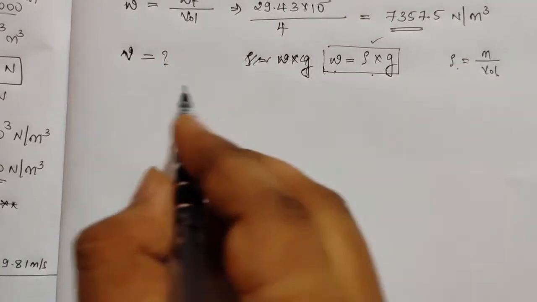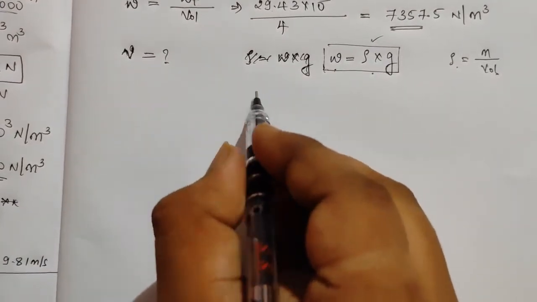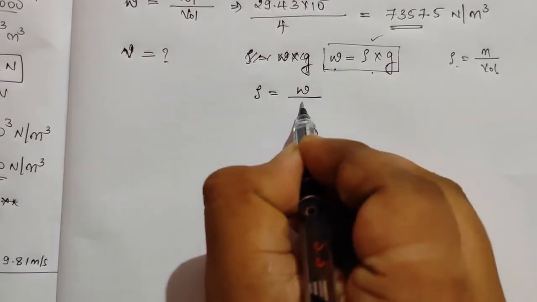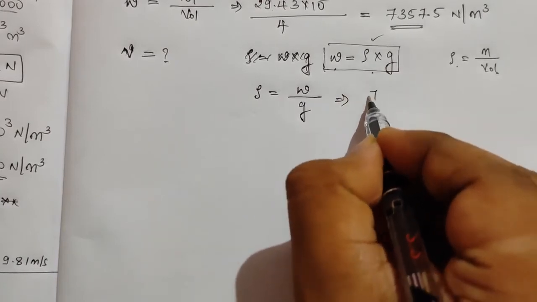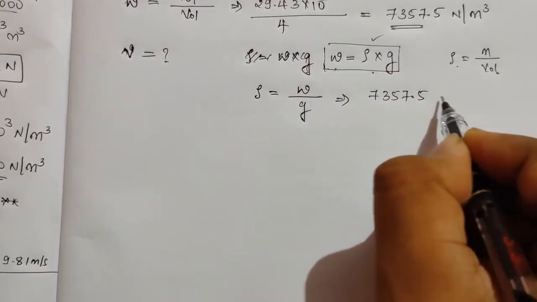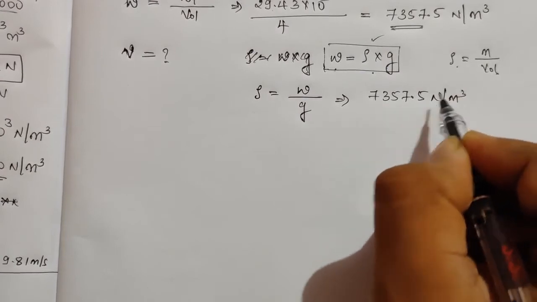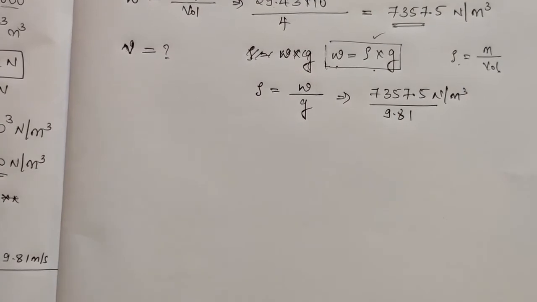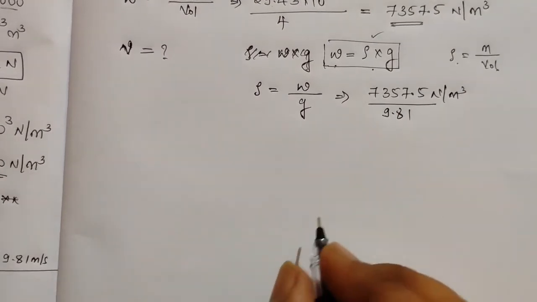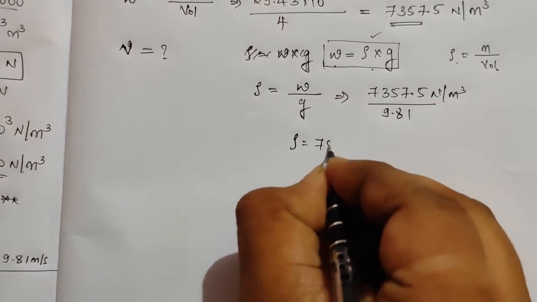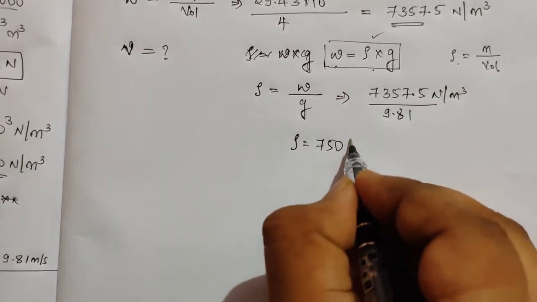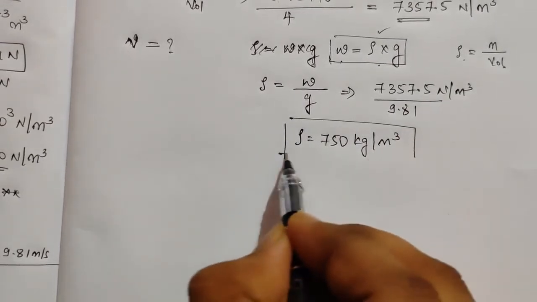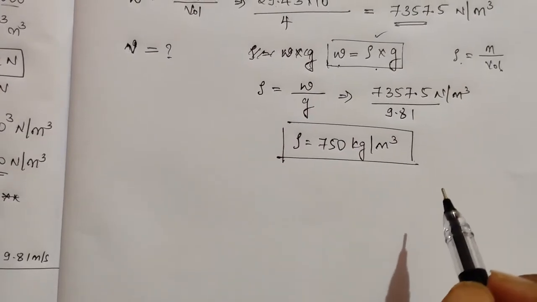So I know the weight. Now what I need is the density. Density is equal to specific weight by gravity. Specific weight is 7357.5 Newton per meter cube divided by gravity, 9.81. If I divide that by 9.81, I get the density as 750 kg per meter cube. This is the value of density.